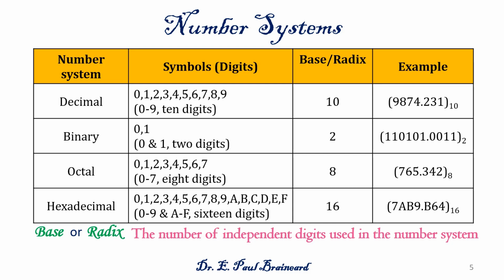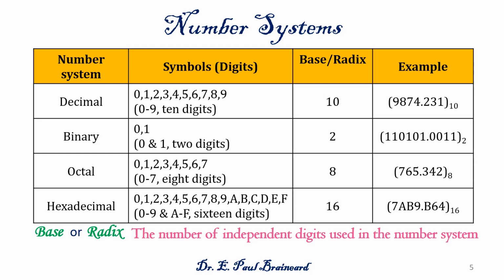Binary system has the digits 0 and 1, a total of 2 digits. Therefore, the base or radix of the binary number system is 2. Octal number system has 0 to 7 digits, a total of 8 digits. Therefore, the base or radix of octal number system is 8.